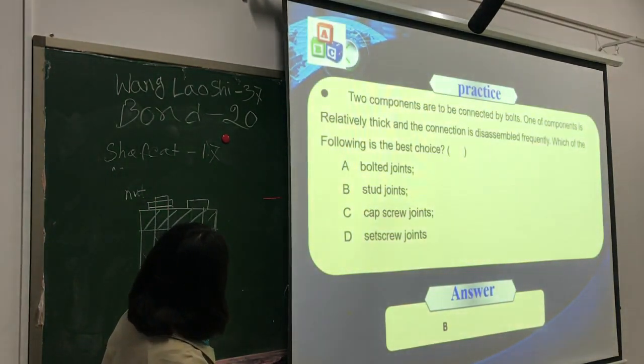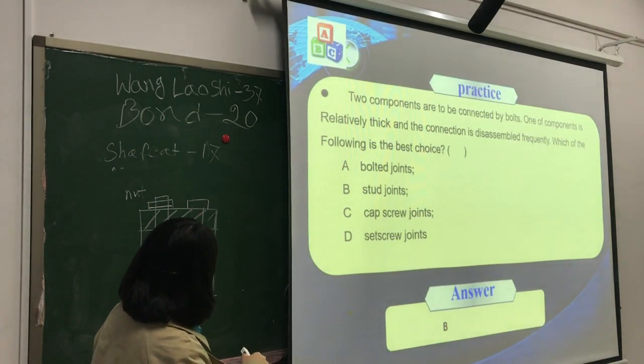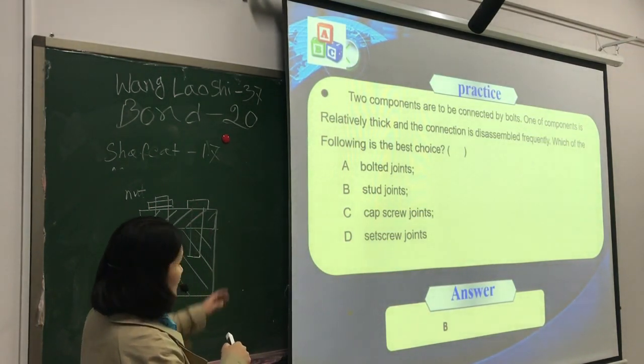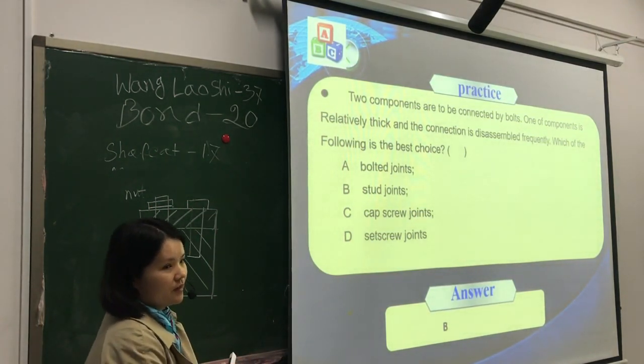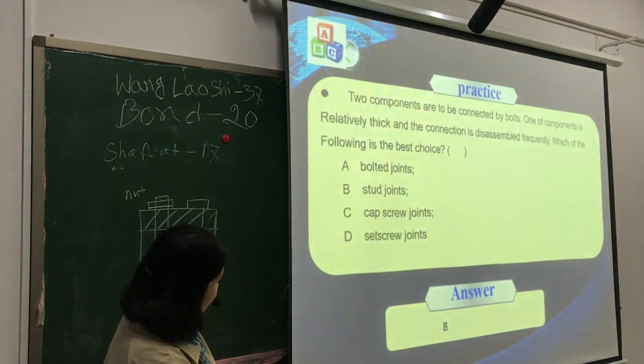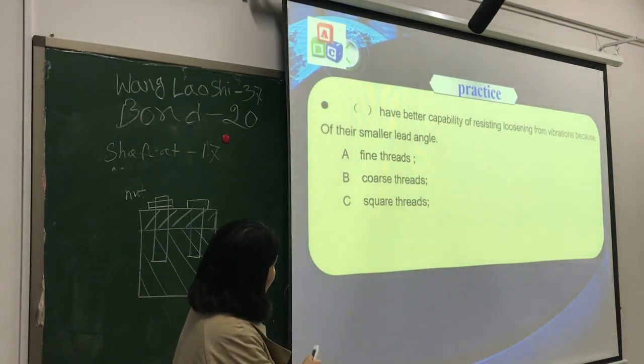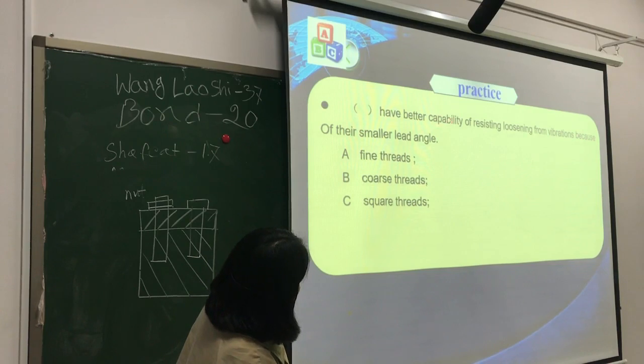And the screw joint connects the members permanently. And it has better capability of resisting loosening from vibration because of the smaller lead angle.